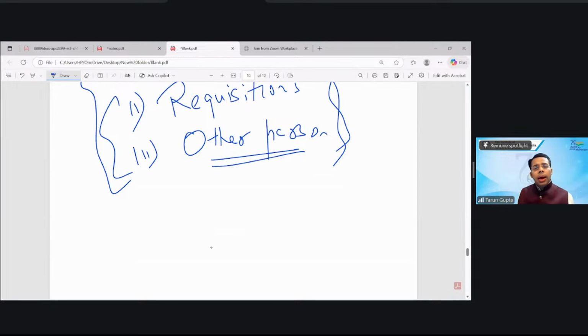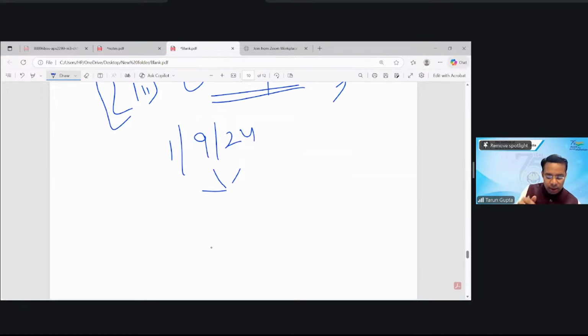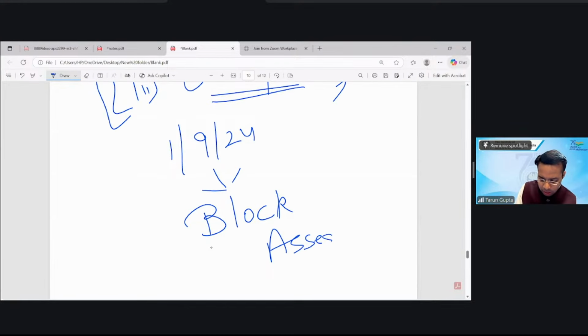Now, in such cases, the law says that if the search has taken place on or after 1st September 24, then the assessment in such case has to be done as a block assessment. What is block assessment? You could understand the meaning.